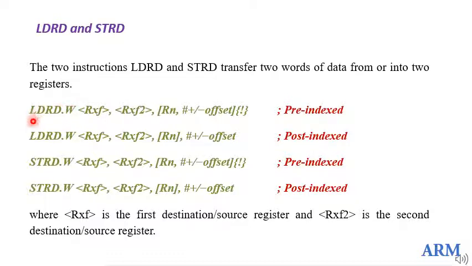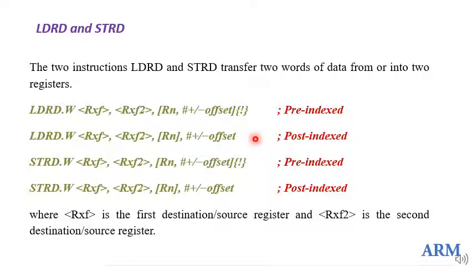The next one is the syntax for post-indexed. LDRD.W Rxf, Rxf2, [Rn], #plus or minus offset. Here you can see clearly that the offset is given outside the bracket, so the address is evaluated later.